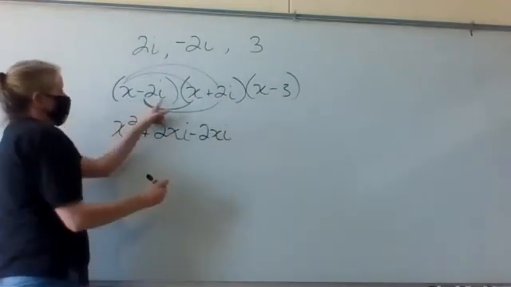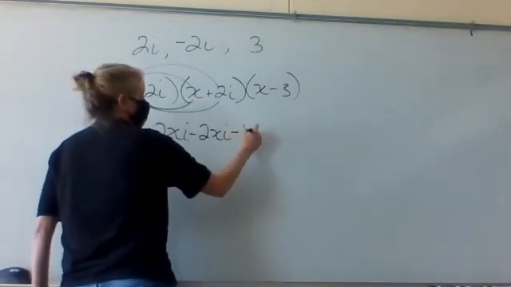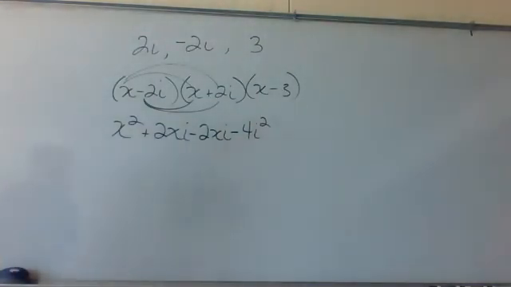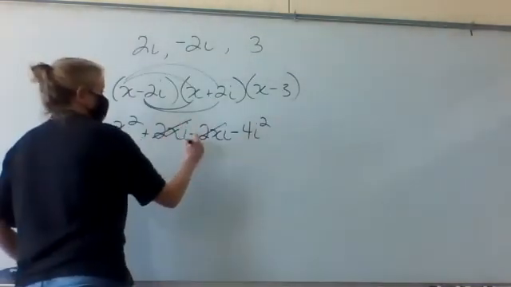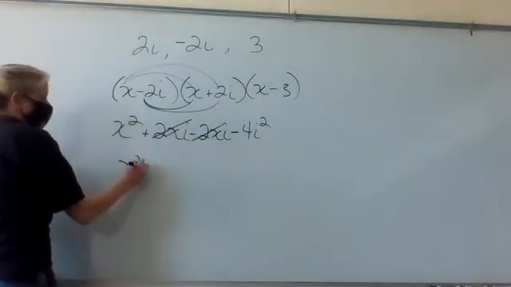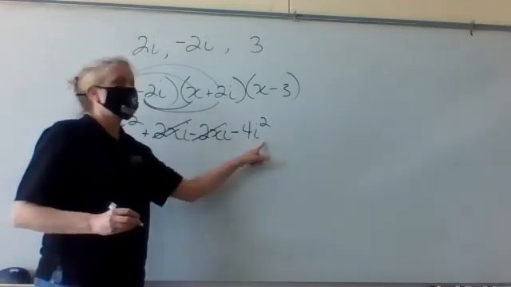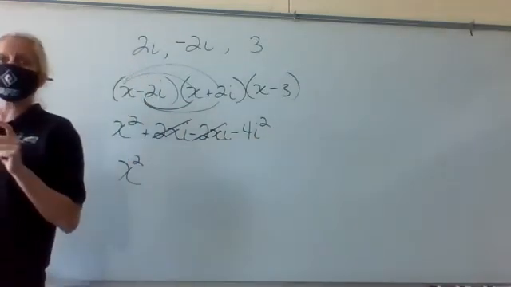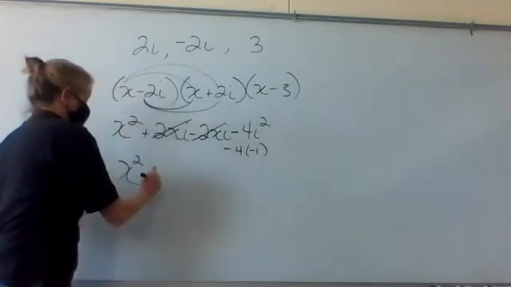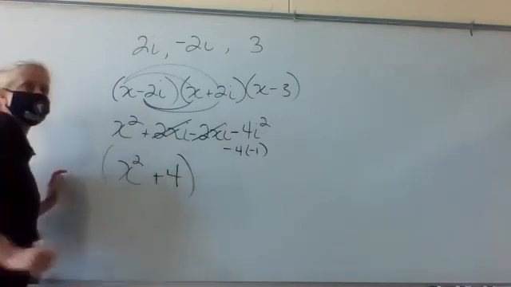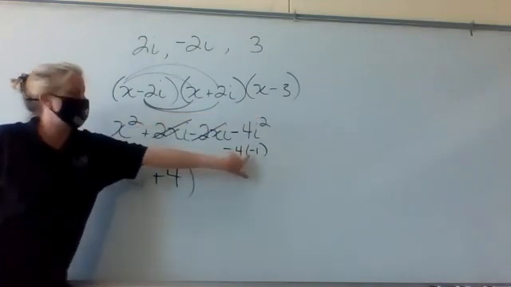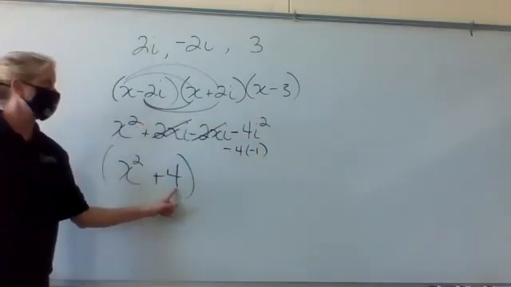And my last, negative 2i times positive 2i gives me negative 4i squared. Those middle two terms knock each other out. So there's my x squared. Now remember, anytime you see i squared, that turns to negative 1. So this really says negative 4 times negative 1, which means it's really plus 4.